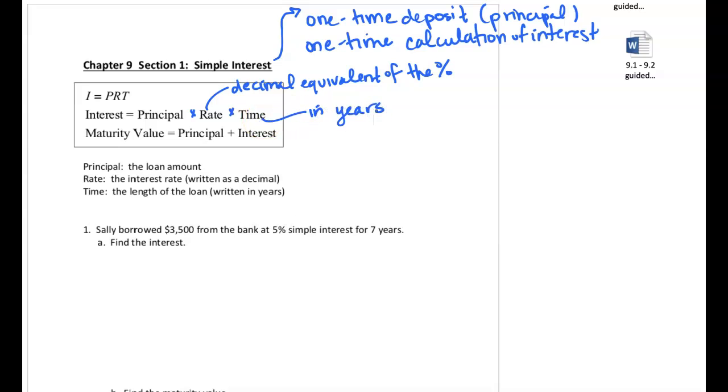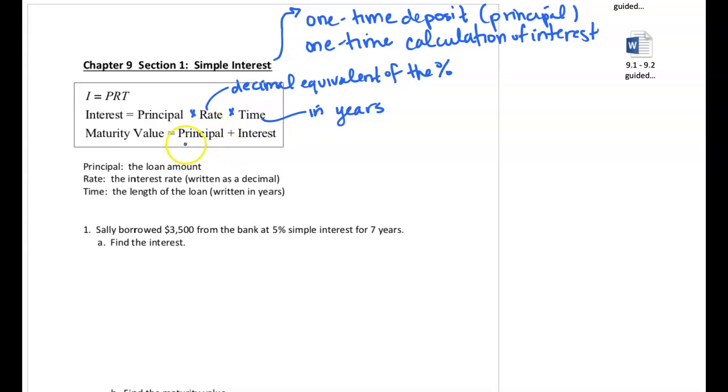Later on, we'll have examples where we're given something maybe in terms of months or days. And in that case, you would just make it a fraction to have what fractional amount of a year the time is being calculated. To calculate maturity value is the total amount.